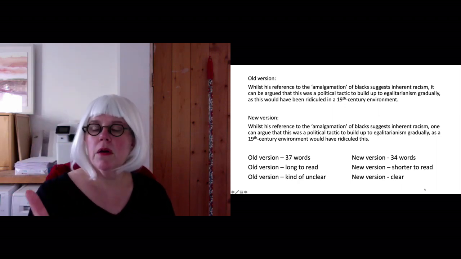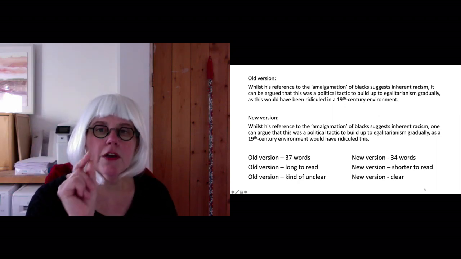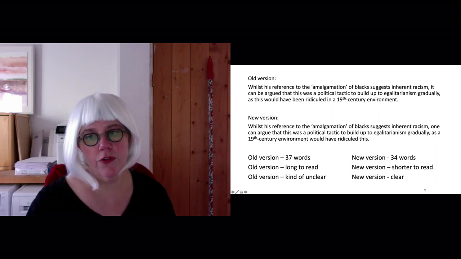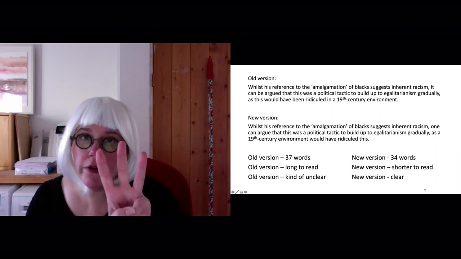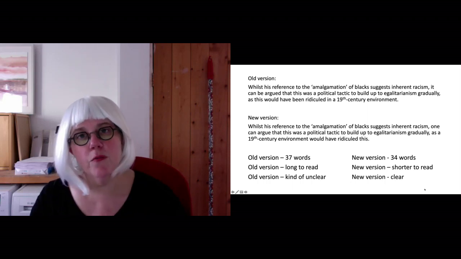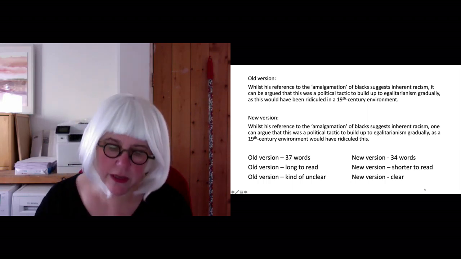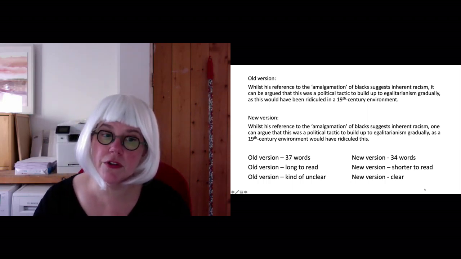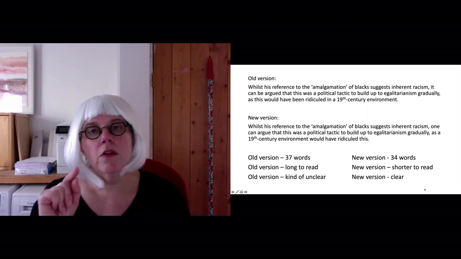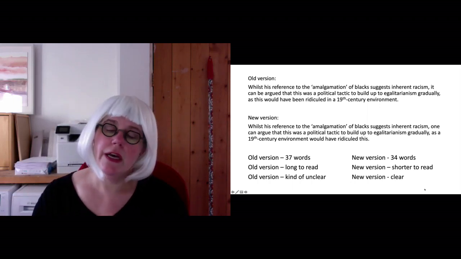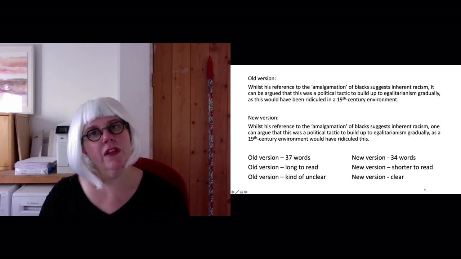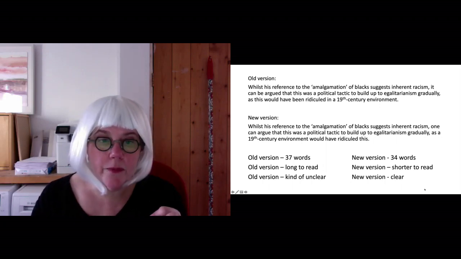Much clearer, shorter. The old version, 37 words. The new version, 34 words. That's 3 words that you can take and use in a more useful area, almost certainly increasing the length of your quotations. Old version, long to read. New version, shorter to read. It may be only 3 words less, but it feels tighter.